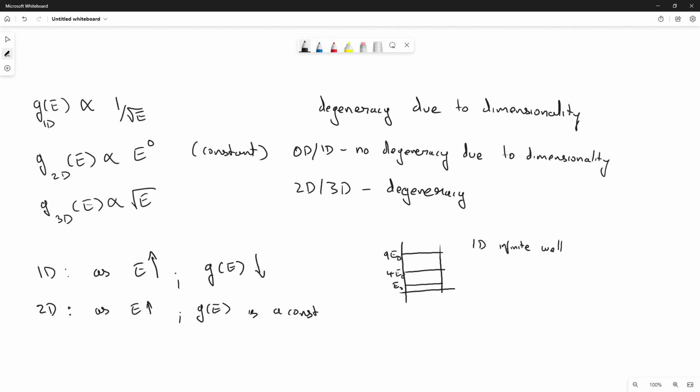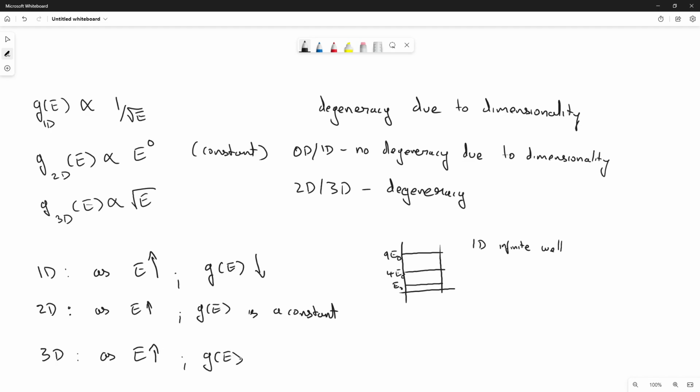This is again due to the fact that as I'm increasing my energy, more energy states are available for each given energy level, but at each energy level, this increased number is a constant. And for the 3D case, as E increases, G of E also increases.